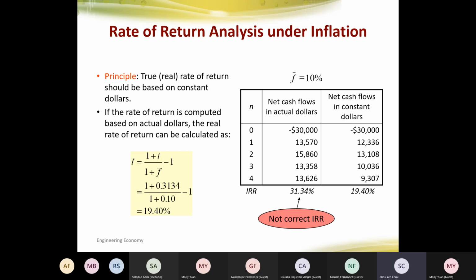If you know that we are facing a high inflation situation, then you may need to consider seriously taking the inflation factor out of the market interest rate to get the return based on constant dollar, that is based on the monetary amount, the amount of the same purchasing power, so that you have a more consistent way of looking at the dollar amount you have over the years.